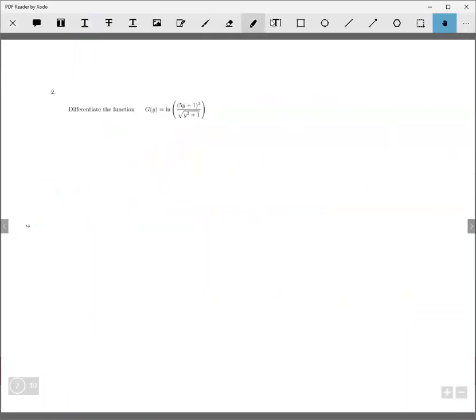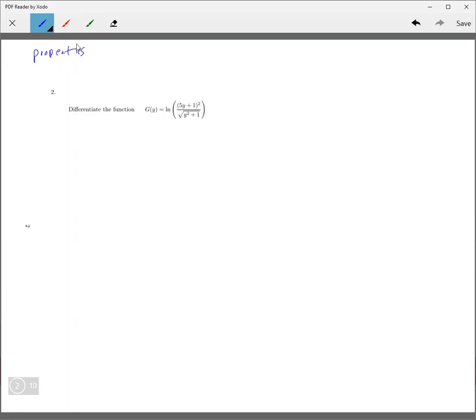Okay, let's go to number 2. Now there are some things that will make your life easier, and that are properties of logarithms. Now this one we're just dealing with the natural log, but all logarithms do this. And we discussed this at the beginning of class.